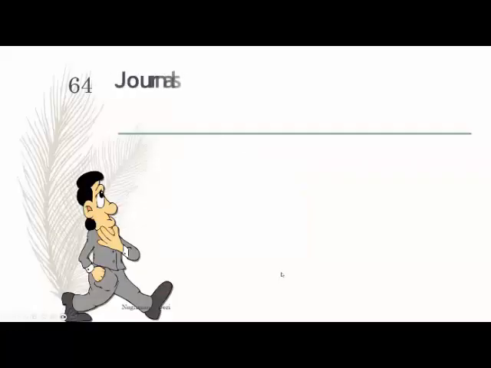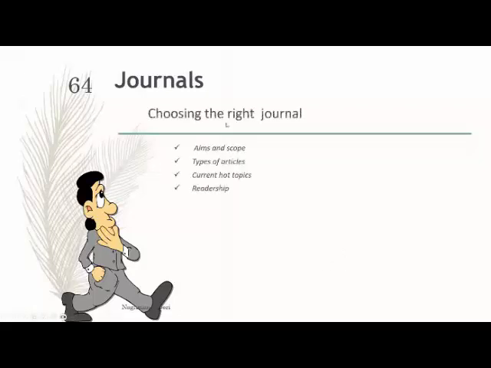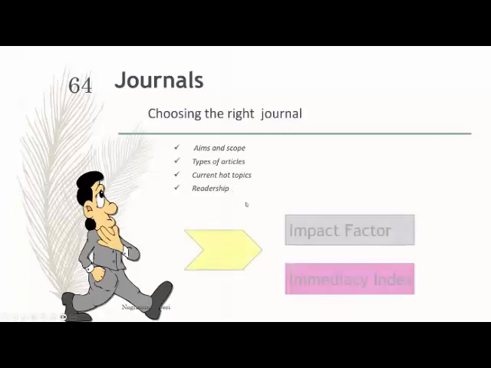Now, how to select the journals where you are going to get your work published. Choosing the right journal. What are the aims and scope? What are the types of articles they are publishing? What are the current hot topics according to that journal? And what is the readership of that journal?